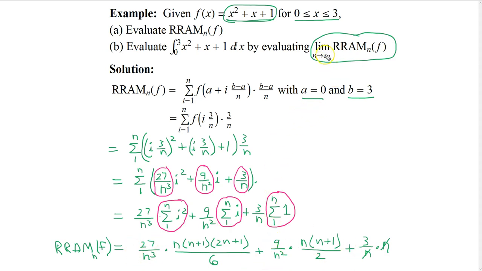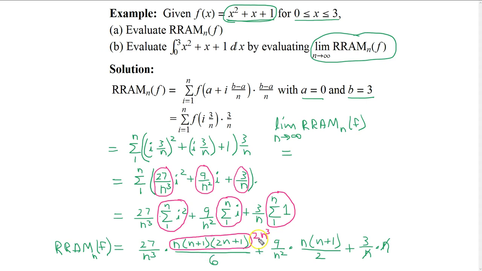Now let's evaluate the limit as n goes to infinity of the RRAM and see what we get for our definite integral. And so evaluating the limit, now if we look down here, notice something about this term right here in the numerator: the highest power of n is going to be 2n cubed.